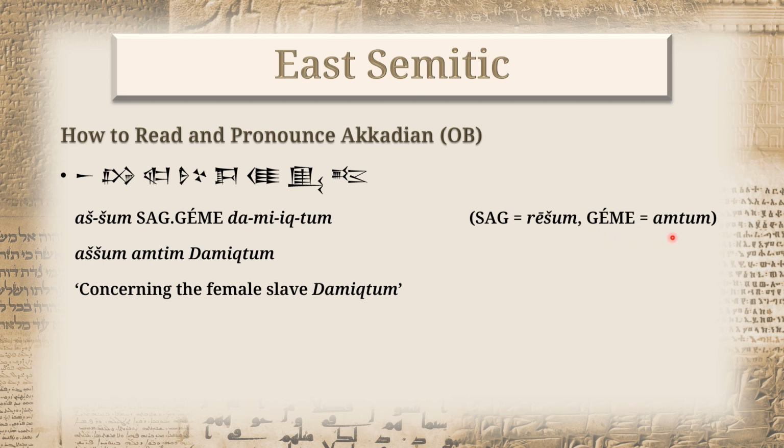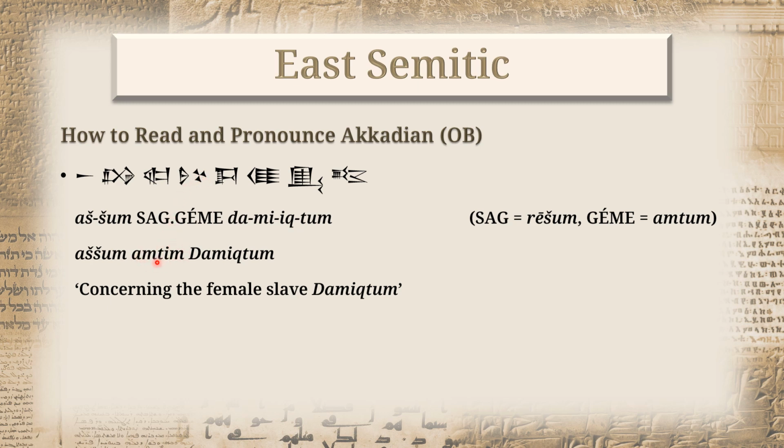Gemme number 2 means amtum, which means female servant, a maid servant, female slave, like amma in Arabic and other cognates. Okay, but so sag is head, Gemme number 2 is female slave, but the word amtum or female slave can also be written as sag gemme, which means we can basically ignore the sag here, and sag gemme number 2 just means amtum, which is female slave.